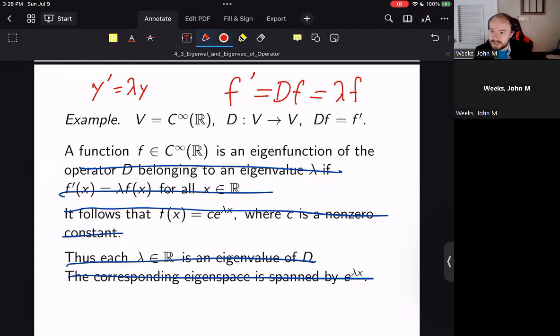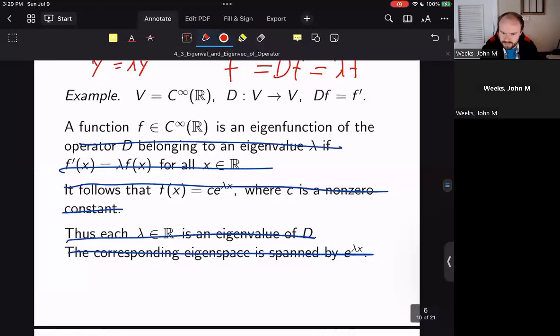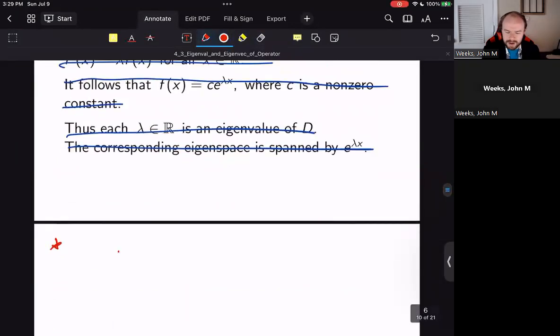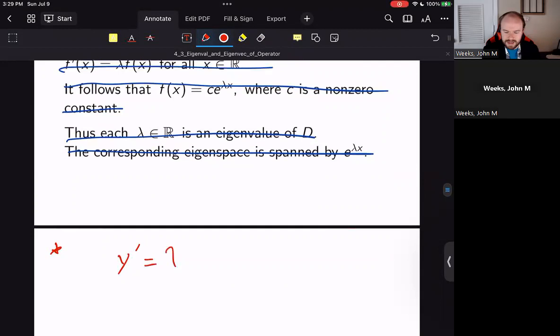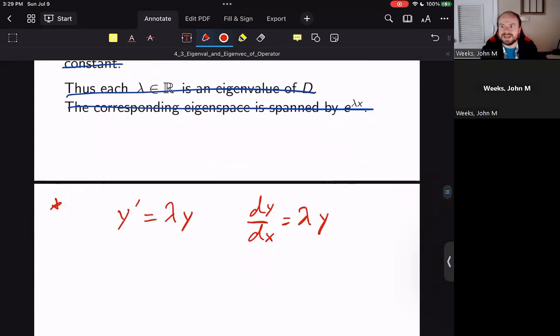Well, you remember how we would do this, right? We would say we have y prime equals lambda y, so dy dx equals lambda y. Then we can think of these differentials as being moved over and write this as 1 over y dy equals lambda dx, and then integrate both sides.